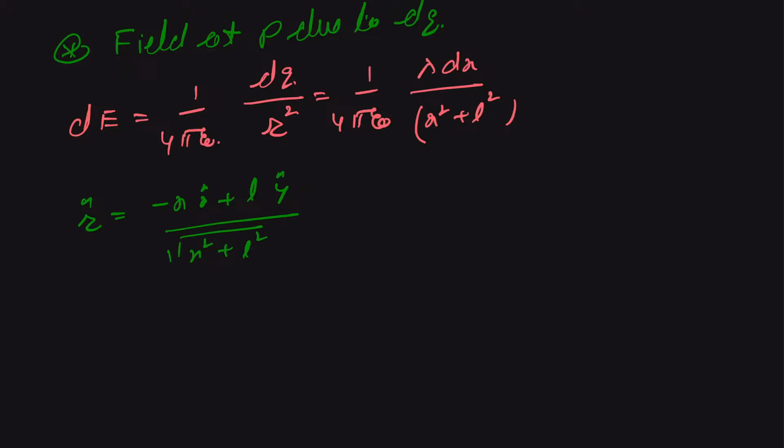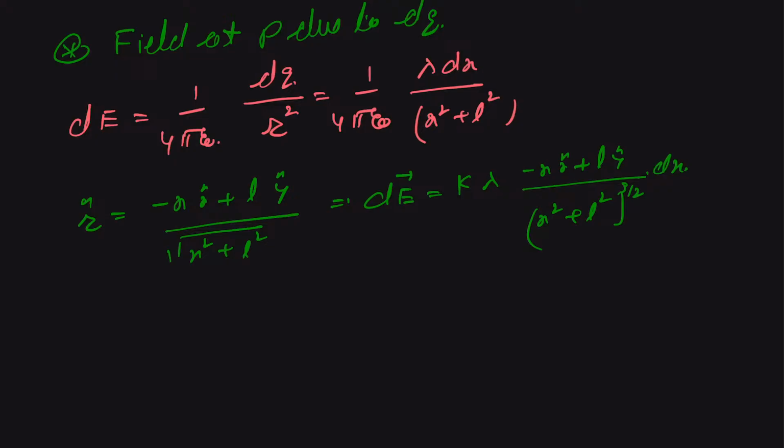Therefore, we can write our electric field in vector form as k lambda times minus x x-unit vector plus L y-unit vector, over x square plus L square to the power 3 by 2, times dx.